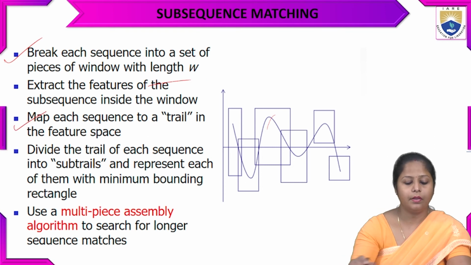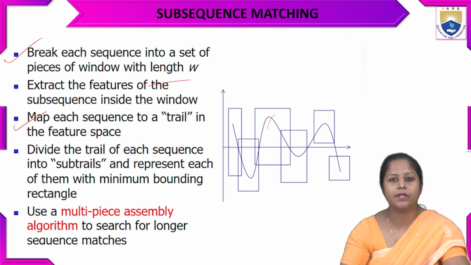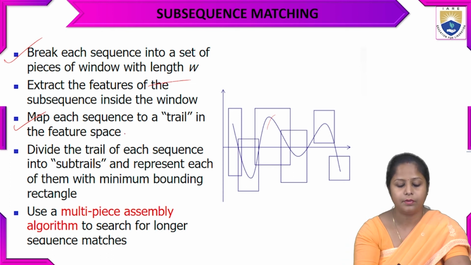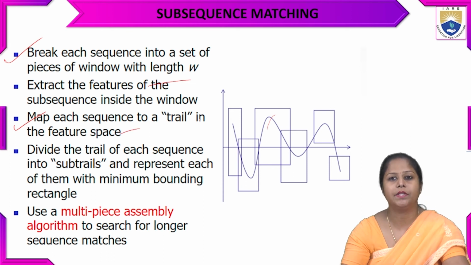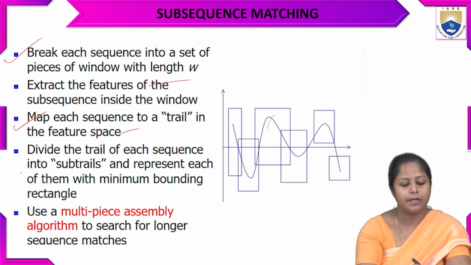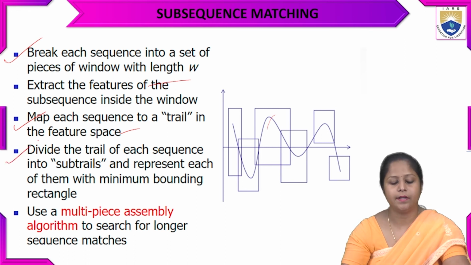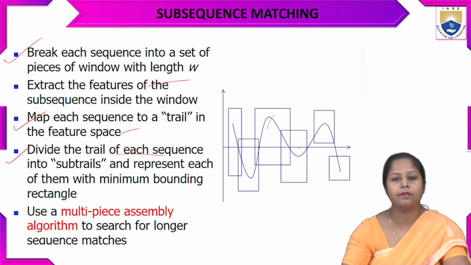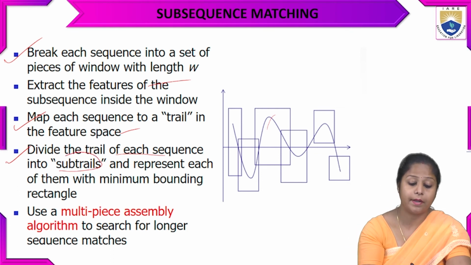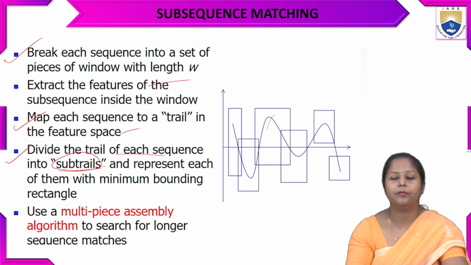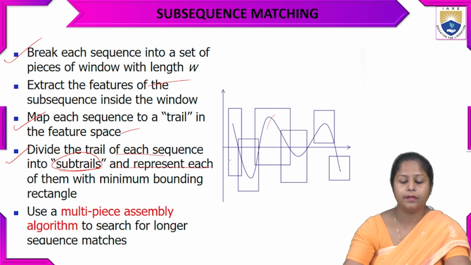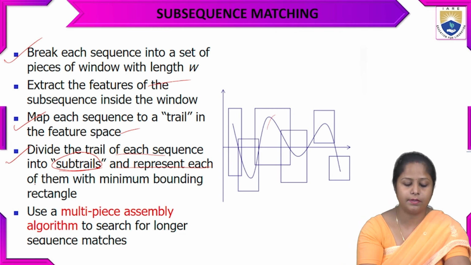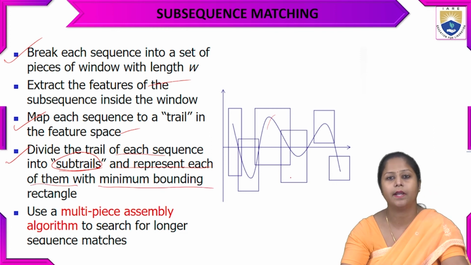Then we map each sequence to a trail in the feature space. The next step is to divide the trail of each sequence into sub-trails. We take the trail, and after that we take the sub-trails, and represent each of them with a minimum bounding rectangle.